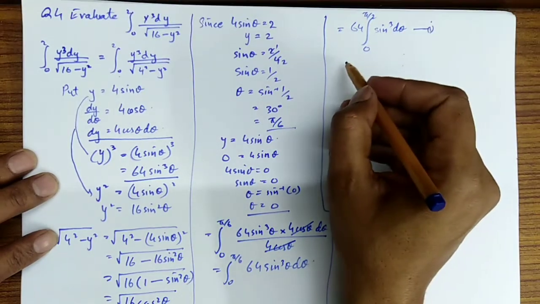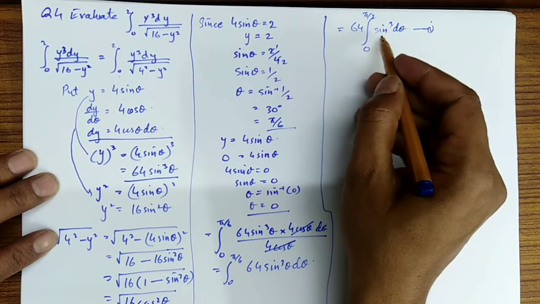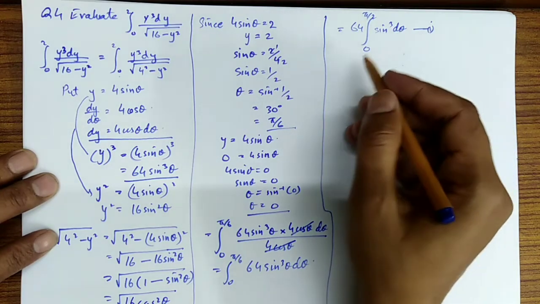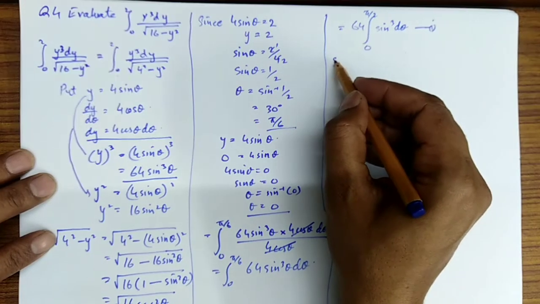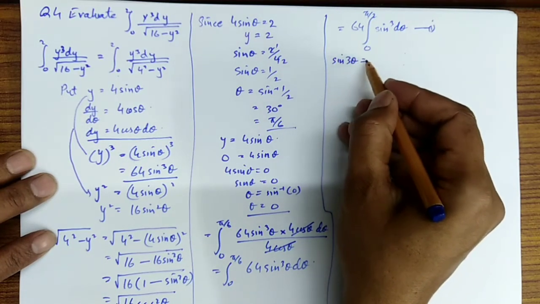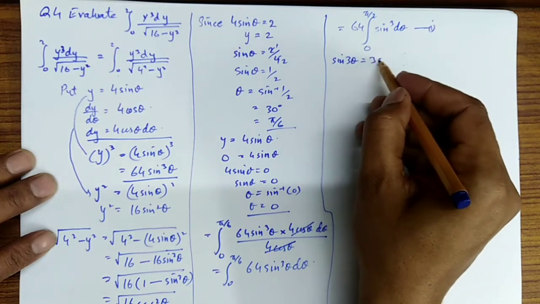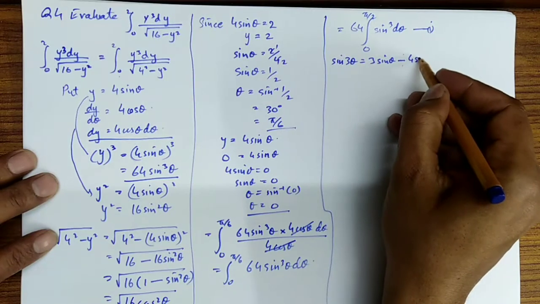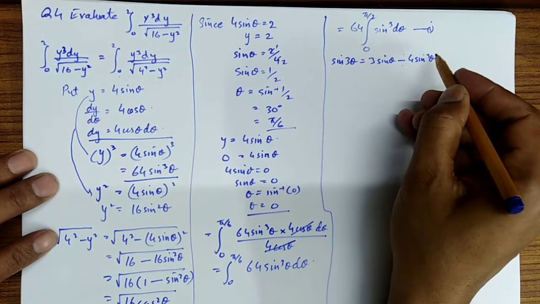Okay. Now to solve, we have solved these questions previously, by considering sine of 3 theta, that is equal to 3 sine theta minus 4 sine cube of theta.